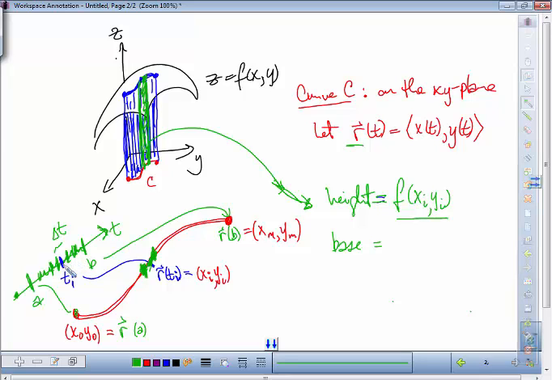Well, that comes from this delta t. So we have a delta t over here, and then that gets translated into this little length over here. Oh, it's a length, right? Length.